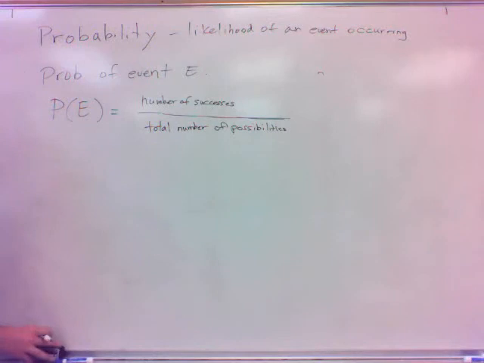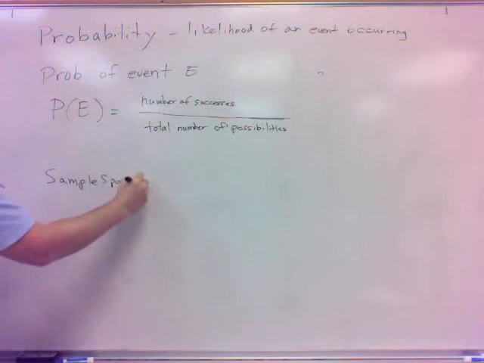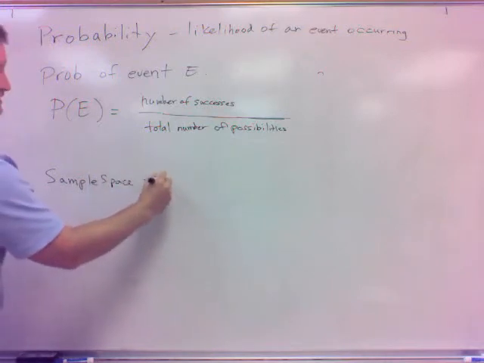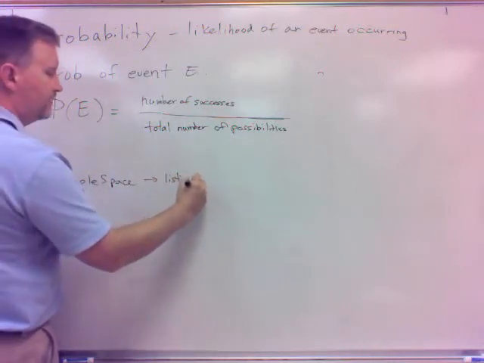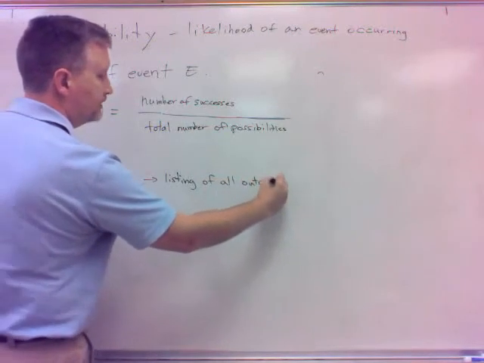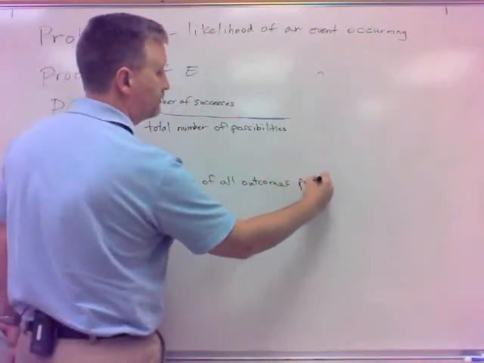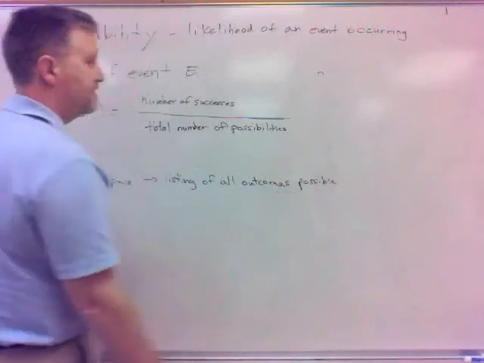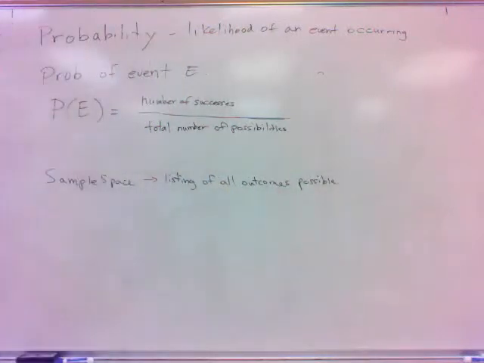Sample space is another kind of definition. A sample space is just a listing of all the outcomes possible. And that's, of course, tied in to the number of possibilities.